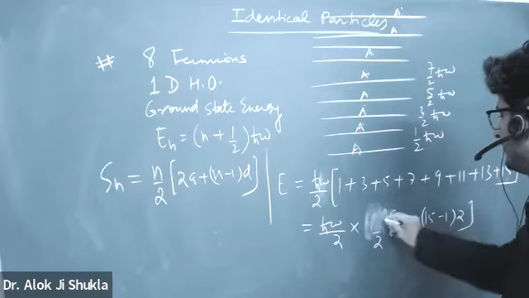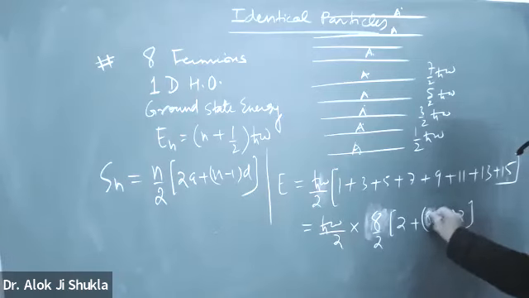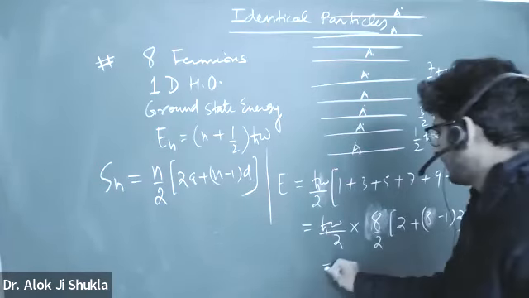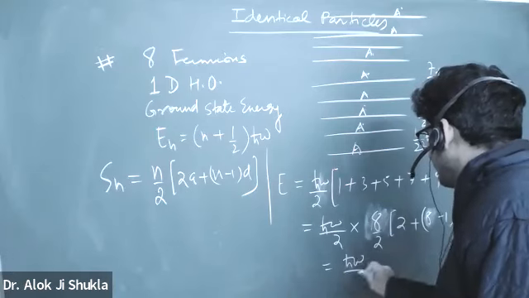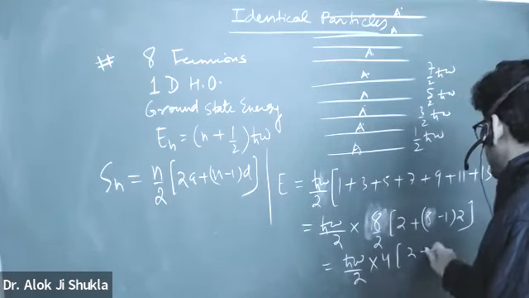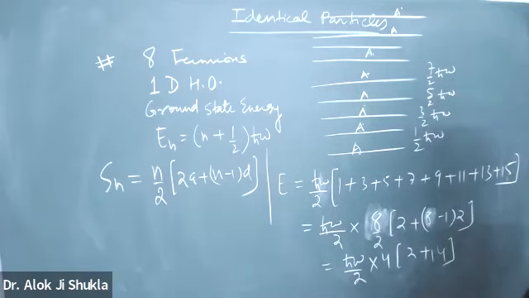It will be 8. And here also 8 minus 1. Okay. First term is 1. So it will become h cut omega by 2 into 4 into 2 plus 14. 32 h cut omega.